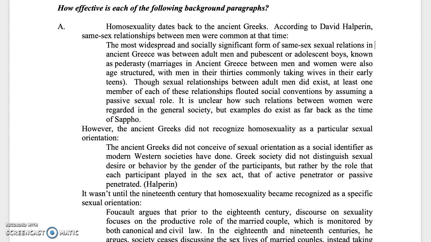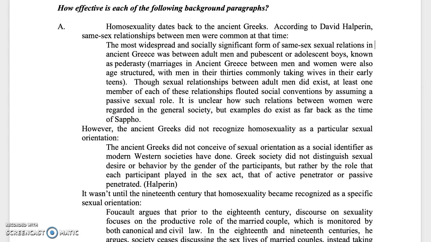Okay, coming back, this is not a good background paragraph. There's no signaling language that tells the reader that it is a background paragraph. It just jumps right into details. Plus, it's not providing background that's really relevant to the story. It's talking about ancient Greece and the entire history of homosexuality.